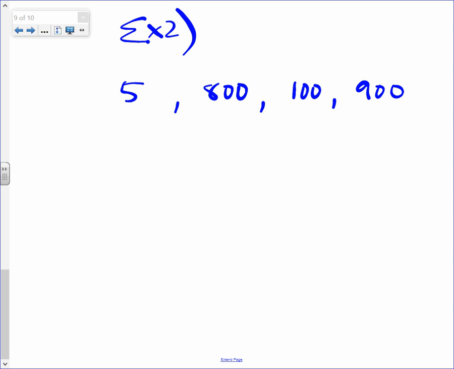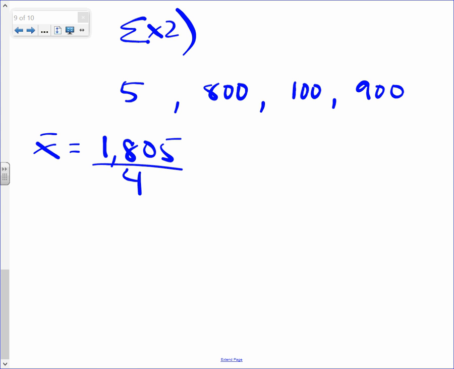I'm going to go fast now. Step 1, let's find the X bar, the mean. We got 1,805, divided by 4.